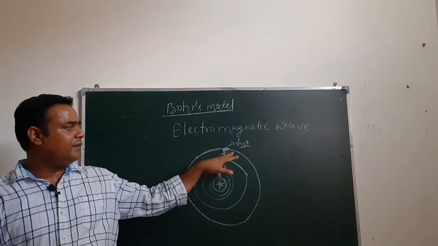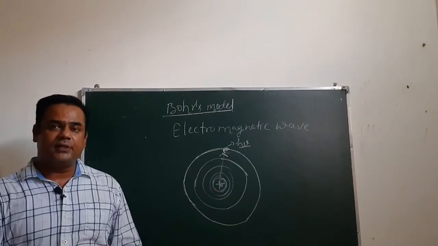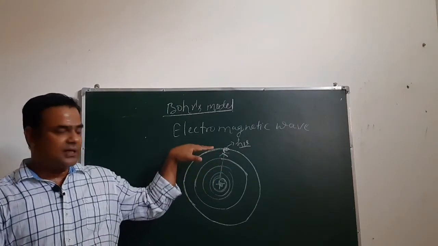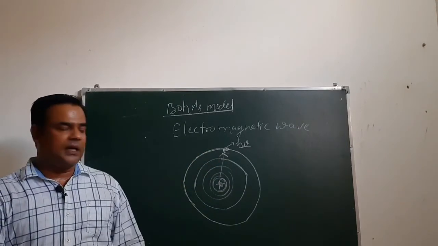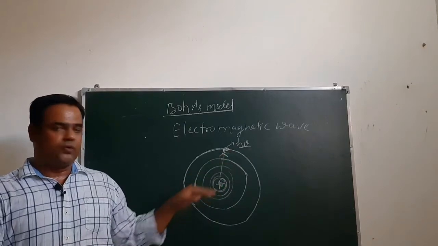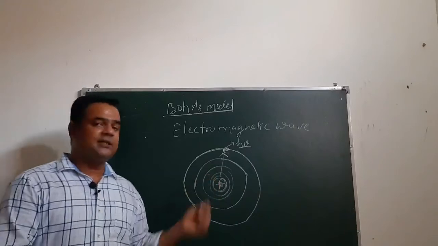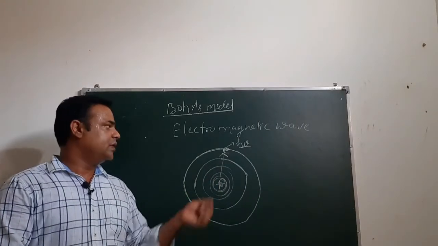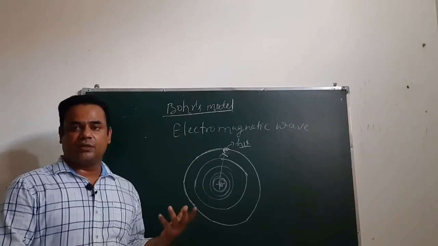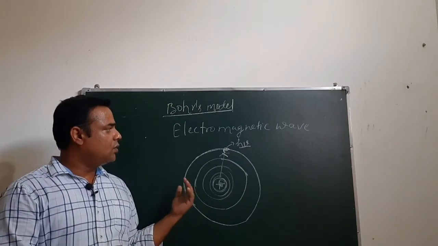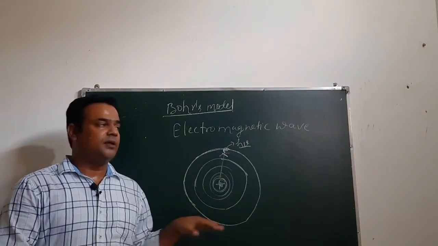So according to that, if electrons are revolving around the nucleus, they should emit electromagnetic radiation, their energy should decrease, the radius of the circular path should start to decrease, and ultimately the electron should fall inside the nucleus. And if the electron falls inside the nucleus due to attraction between negative and positive charge, the atom should get destroyed. But we know that atoms exist because we are existing. So there was a defect in the model of Rutherford.